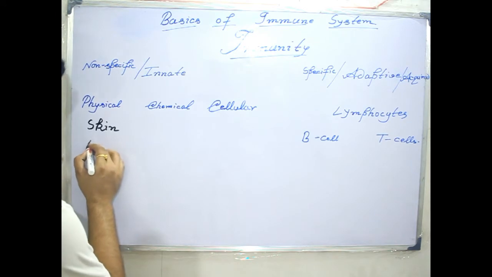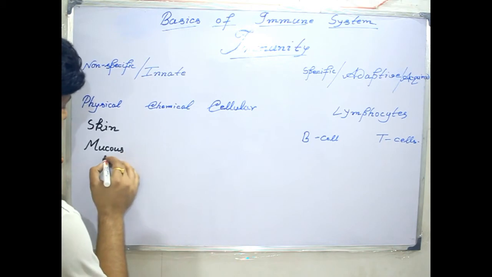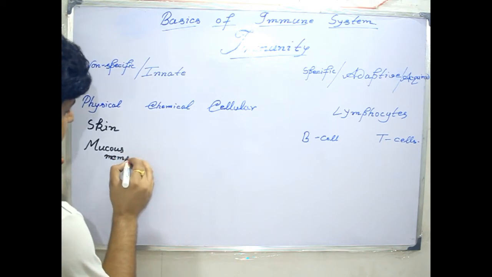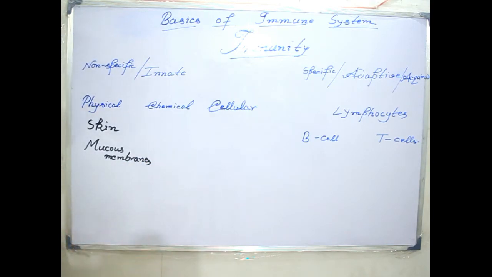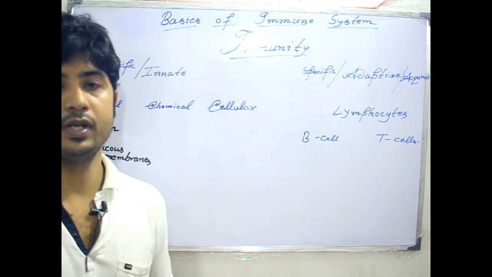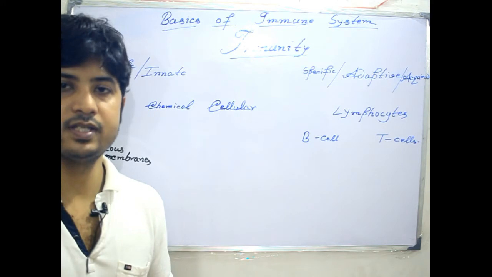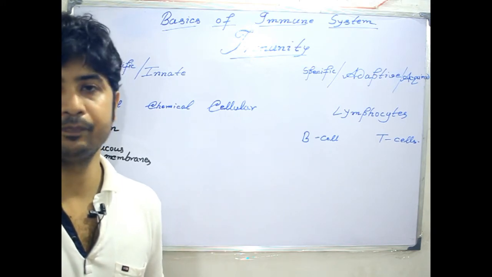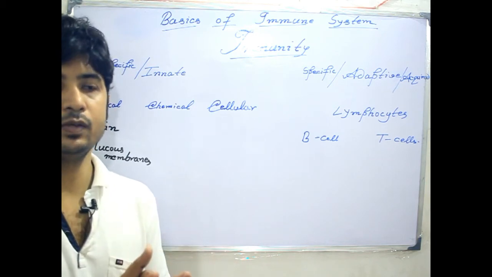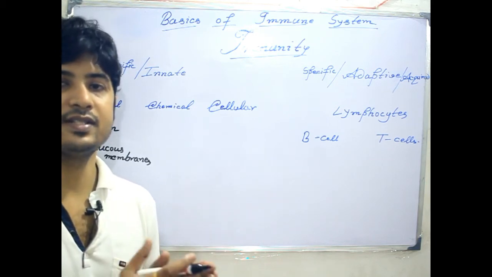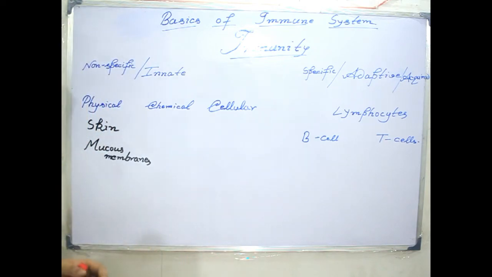Now mucous membranes. This is another level. The nature of the mucous membrane is such that it will trap the pathogen, so the pathogen cannot enter, or if it is present, it will be outside the cell. That is a trapping mechanism, with the mucous membrane acting as an anatomical barrier.